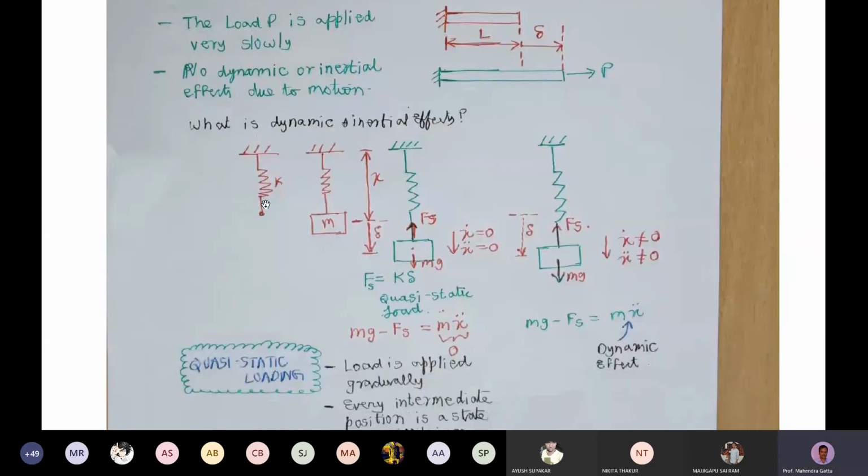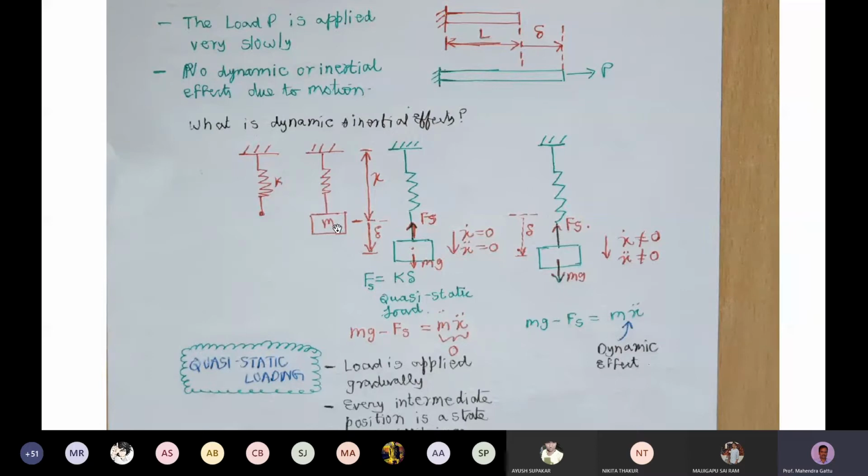You have a spring here, and you are placing a mass and releasing the spring. When you do it in a slow manner, the spring will deform, the load will start acting and the spring will start deforming.